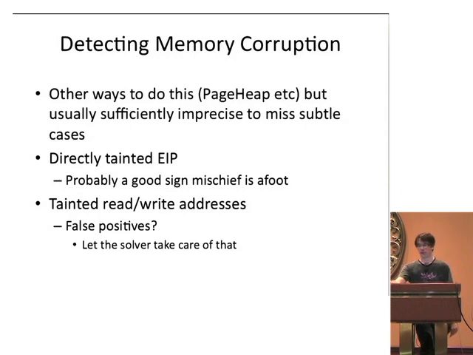We can run into false positives in this case, in that sometimes it is viable for a read or a write to be tainted in some way by user input, but it might be constrained, like the offset might be constrained to be plus 10 from a base. So you can typically let a solver take care of this for you: you can ask it what are the bounds on this constraint.